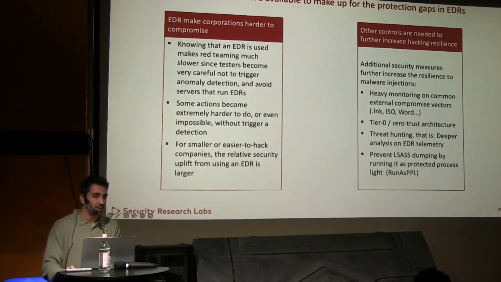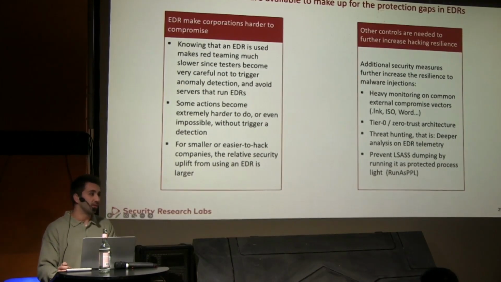And also, one thing that I don't see that much in the wild, but that is really useful if you have a company that can implement it, is running LSASS as protected process light, and basically prevent it from being dumped. It depends on the scenario. There used to be some bypasses that I think now are patched.